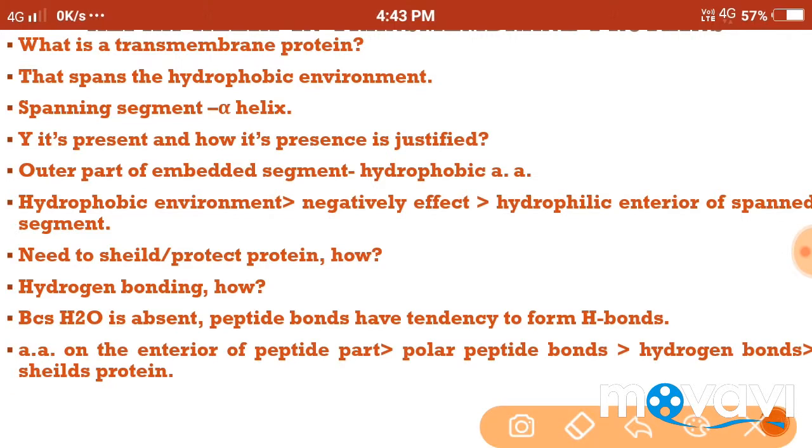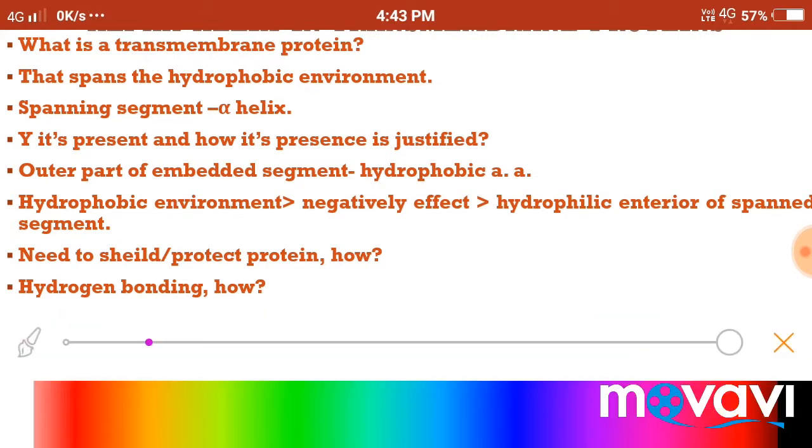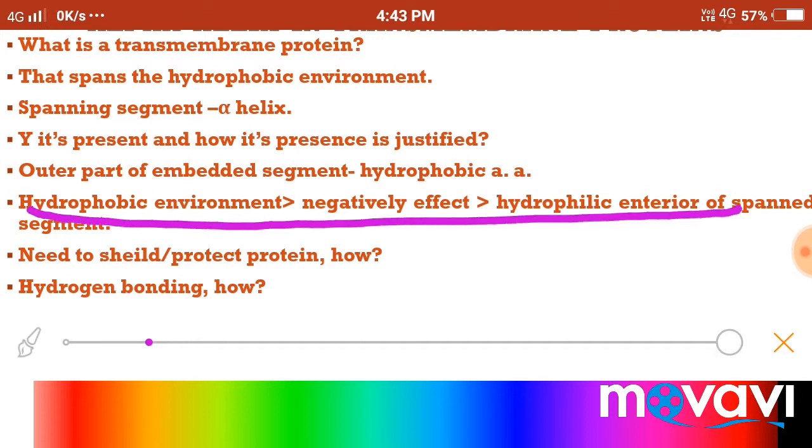Now let's draw a diagram here. Suppose this was our protein, and just draw it like this. This is our spanning segment, and there are amino acids which are present like this. They are different. I'm not going to show them with different colors, it would take a lot of time. The first amino acid which is present here has a carboxylate group like this.